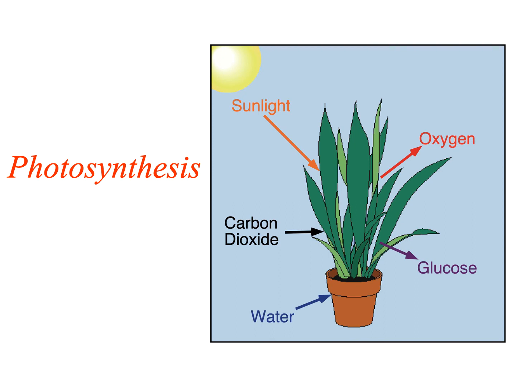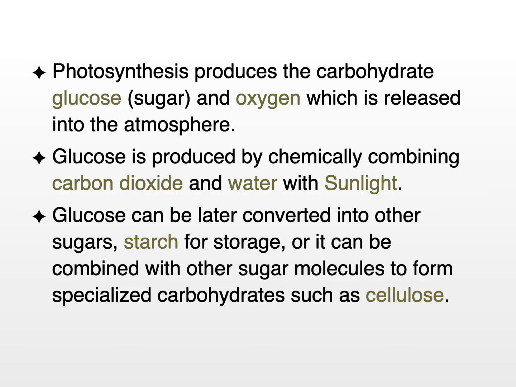The other byproduct of photosynthesis, besides glucose, is oxygen. Let's just repeat this. Photosynthesis produces the carbohydrate glucose, a simple sugar, and oxygen, and the oxygen is released into the atmosphere. Glucose is produced by chemically combining carbon dioxide and water with sunlight.